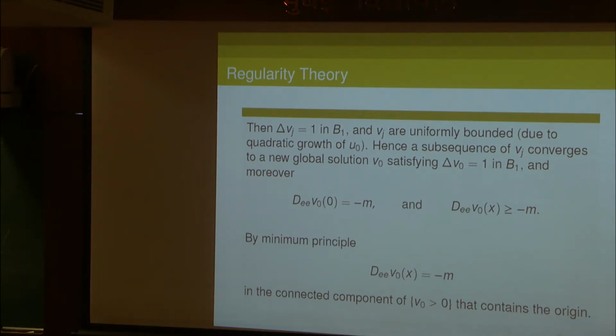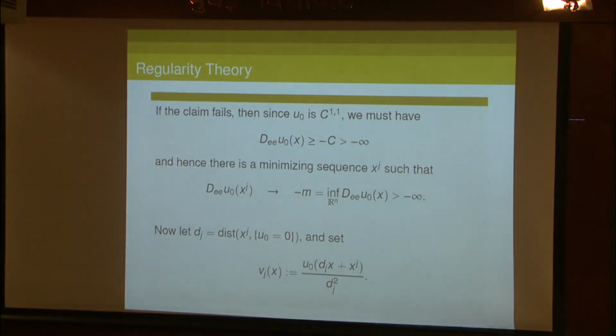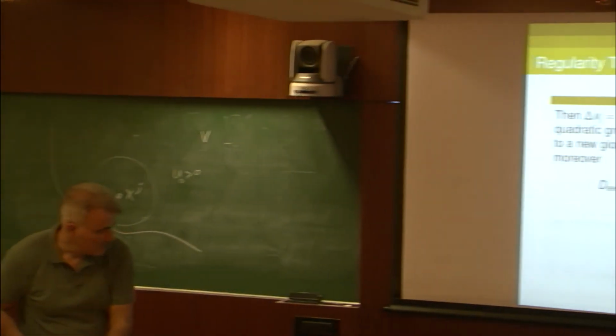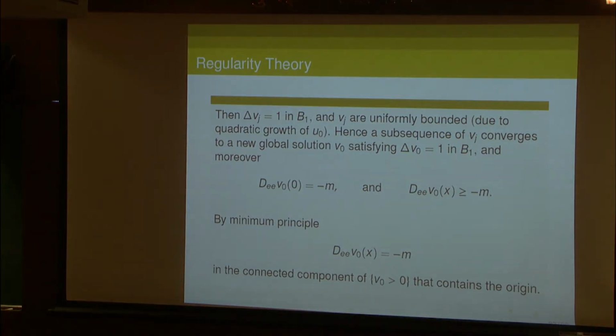We define vj to be the rescaled function. So now I'm looking at the sequence vj. vj is defined here, and then I always have a free boundary point here.